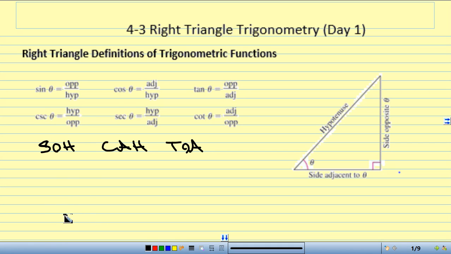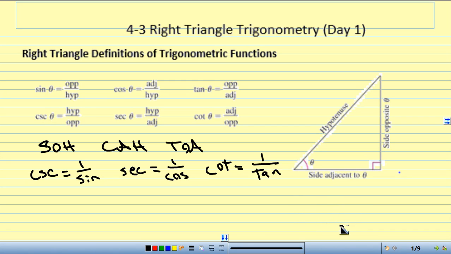The way I remembered cosecant, secant, and cotangent is you just take the reciprocal of each. So cosecant is the reciprocal of a sine, secant is the reciprocal of a cosine, and the cotangent is the reciprocal of a tangent.